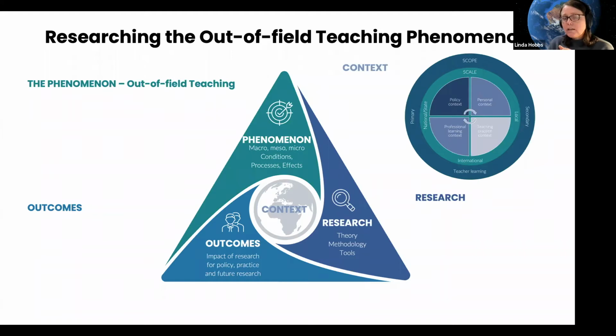So we've got lots of ways of thinking about out of field in primary settings, out of field in secondary, but also out of field as it pertains to teachers doing something new, like Emily's work, for example, science teachers who are teaching new to the digital technologies within that space. So I think there are some interesting ways of thinking around what out of field teaching means as a context.